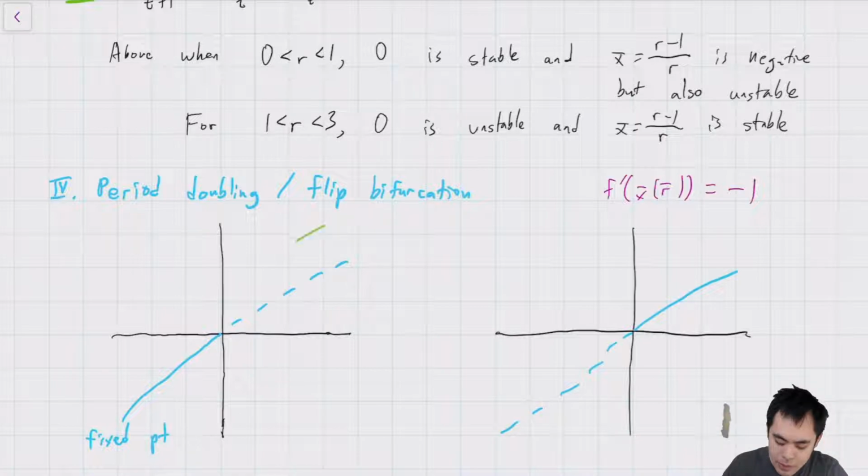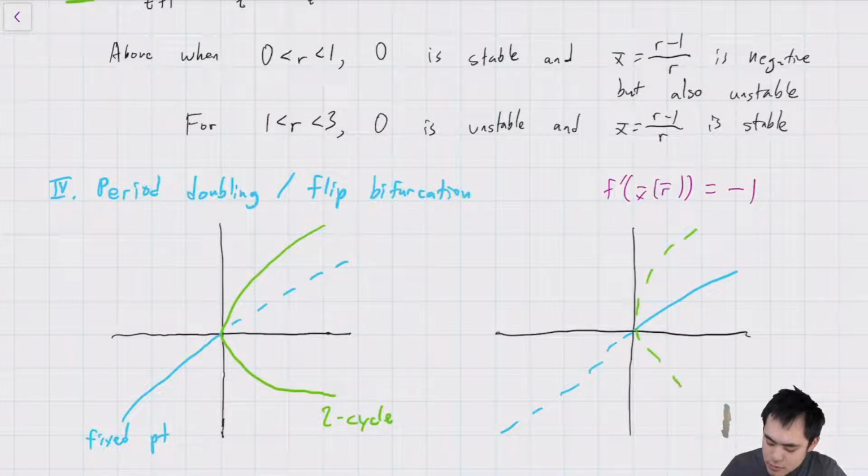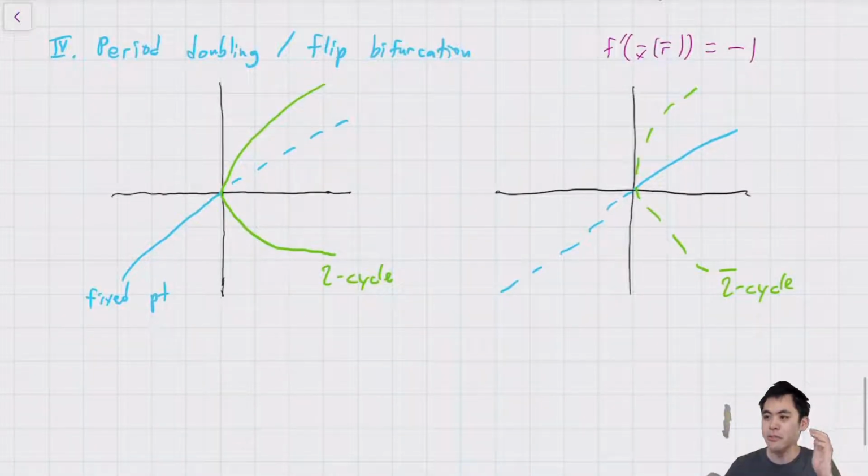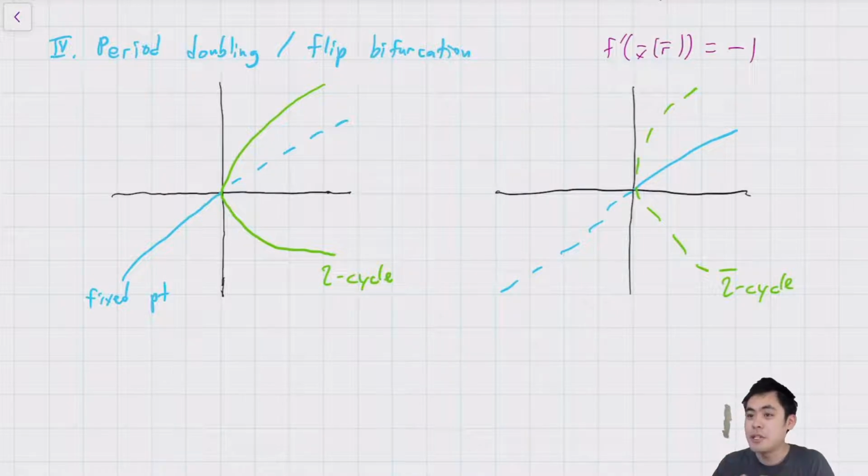you then end up with a 2 cycle that's stable, or a 2 cycle that's unstable. So instead of the fixed point becoming two different fixed points, the fixed point becomes a 2 cycle that's separated by an unstable equilibrium.